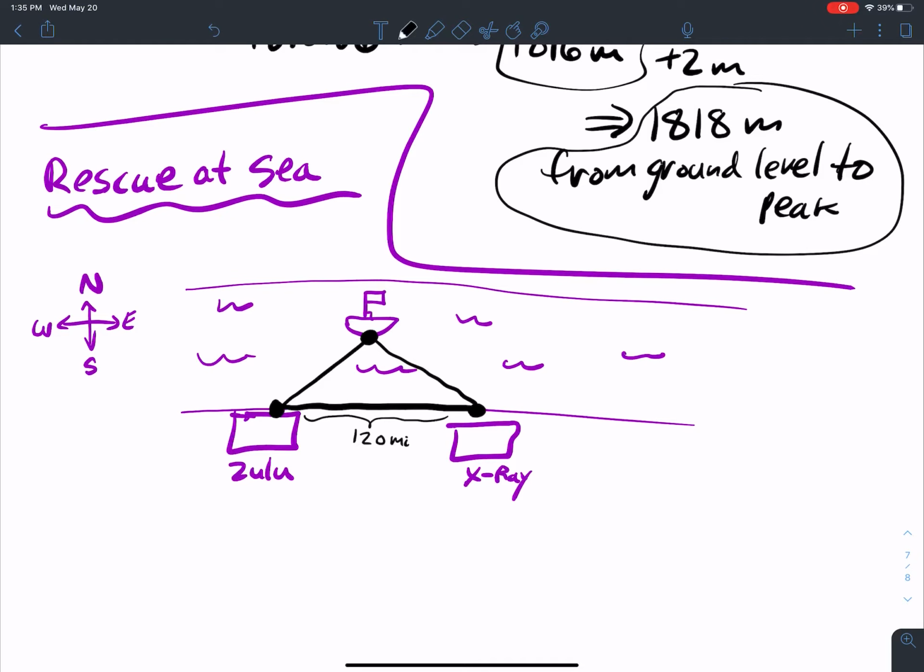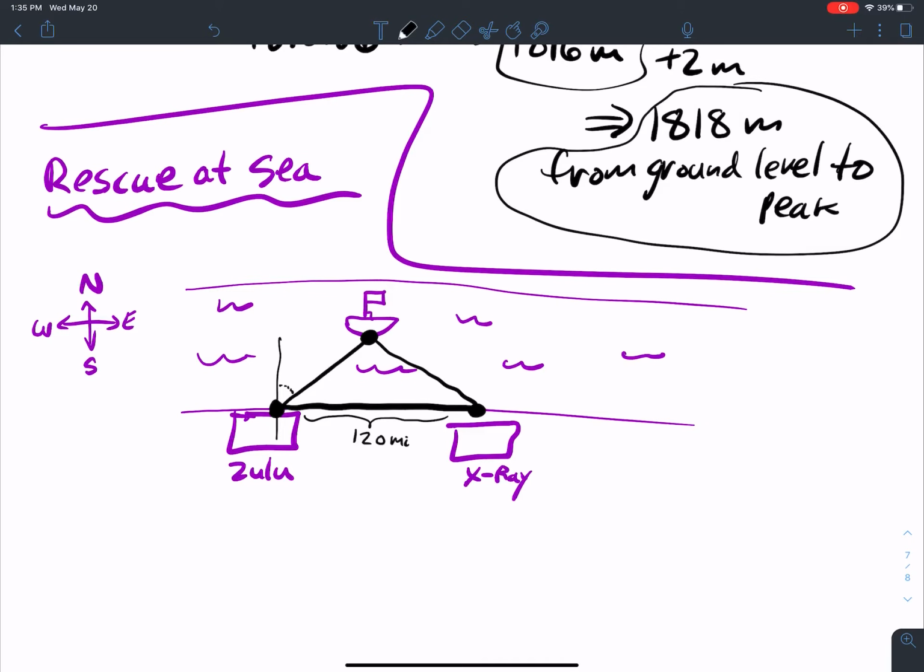Now, a ship at sea sends the SOS call to each station. The call to the station Zulu indicates that it was northeast. So north, and then east by how many degrees?